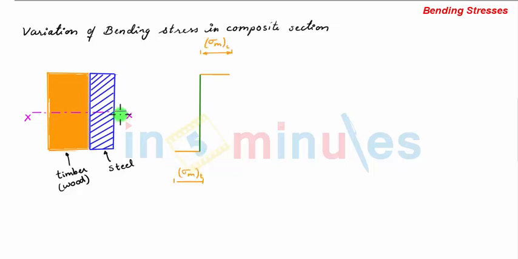Also the stress at the neutral axis is 0 and the bending stress varies linearly across the depth of the section. So now this is the bending stress variation plot for wood.